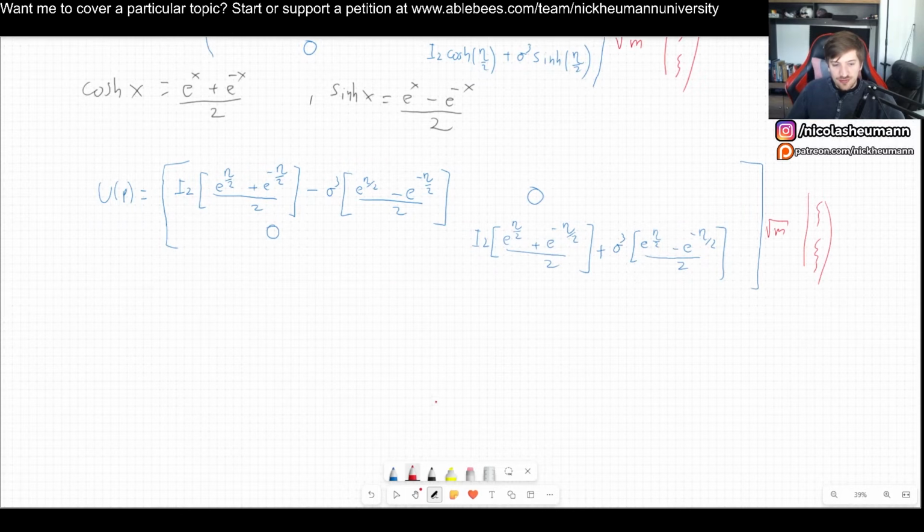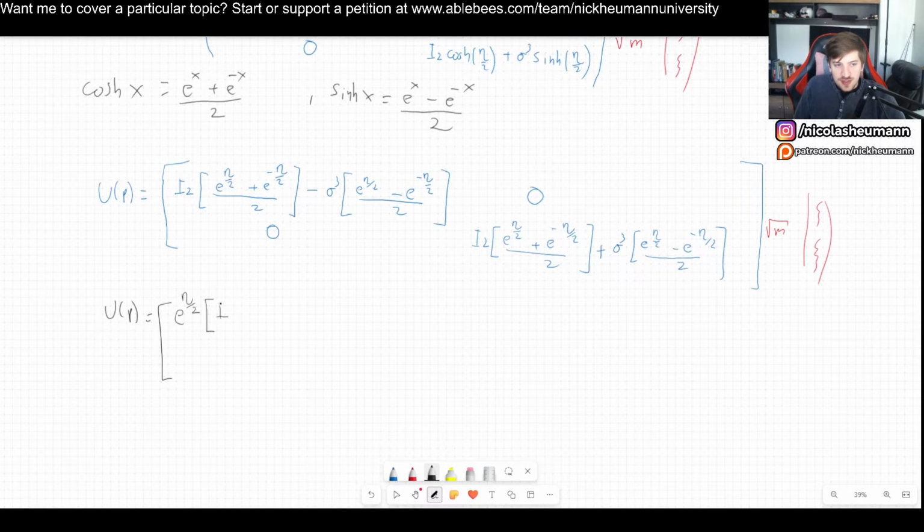So now we can factor some things out. So you see we have positive exponent, negative exponent, negative exponent, and the same thing down here, right? Positive, positive, negative, negative. So let's factor them and group them up together. So again, this is u of p. And now we're going to have e to the eta over 2 factor of I2, and let's leave the factor of 1/2 inside for now.